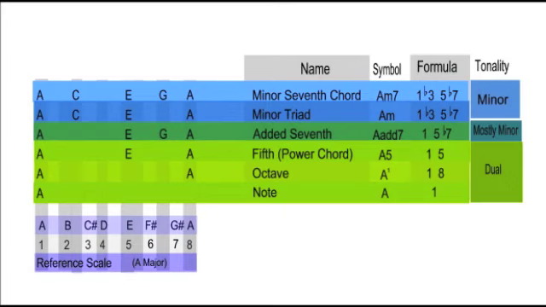Then finally, back into the green lines, we mirror the 3 elements from the top of the chart with the 5th chord, the octave and single note, all having dual tonality. Well, that's about that for our journey through this particular chart.